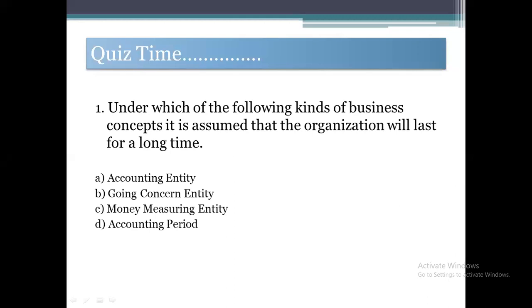What is the term I use for the life of the company? Perpetual. Yeah, thanks, Harsh, for mentioning that. So all the right answers. Going concern concept says that my business would run perpetually, forever, and consistently it will go on year after year.